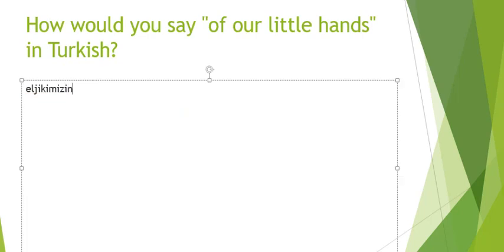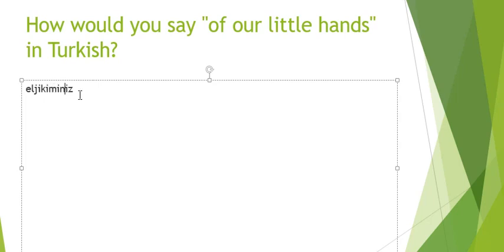So in here, there's a problem. And what is that problem? The thing here that you need to remember, that I told you, is that when you combine preposition with possessive pronoun, they need to be combined. You need to have the preposition inside the possessive pronoun. So you are going to put in inside imiz.